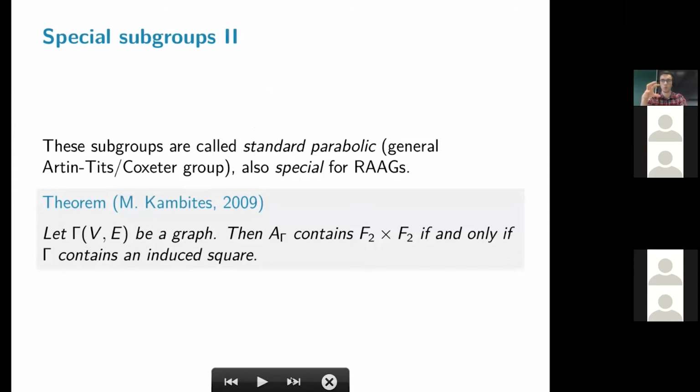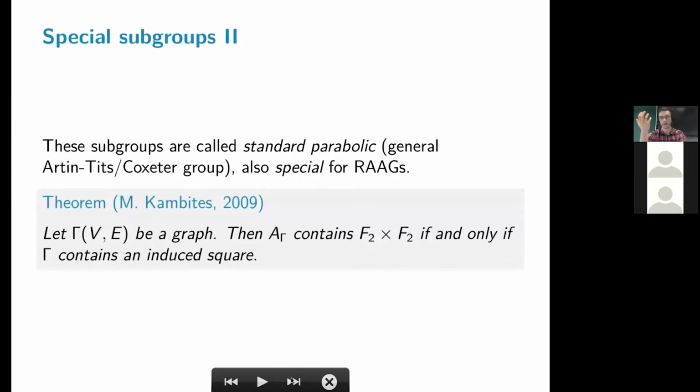First, to see which subgroups of a right-angled Artin group can occur. And then we have this result by Kambeitz from 2009 that states that your group A gamma contains a direct product of two free groups of rank 2 if and only if your graph gamma contains an induced square. So there is an induced subgraph that is isomorphic to a square.